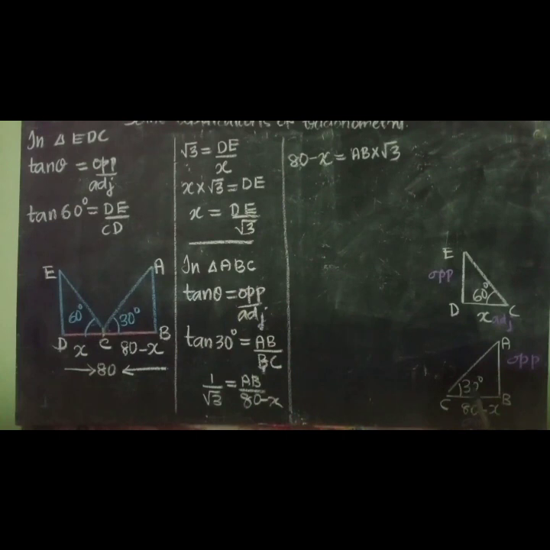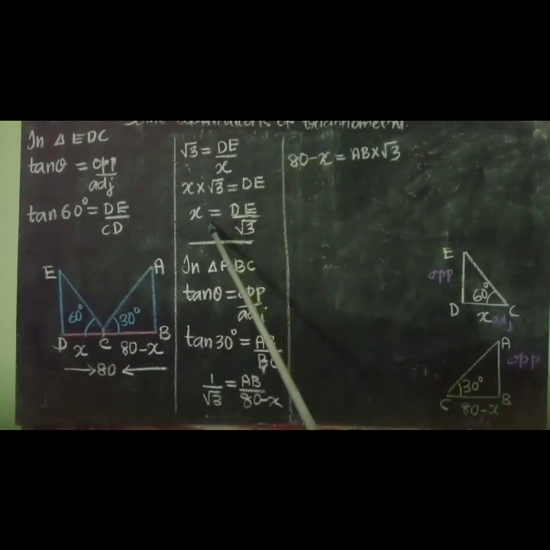Here theta equal to 30 degree. Tan 30 degree equal to AB by BC. That is 1 by root 3 equal to AB by 80 minus X. Cross multiplying we get 80 minus X equal to AB into root 3.